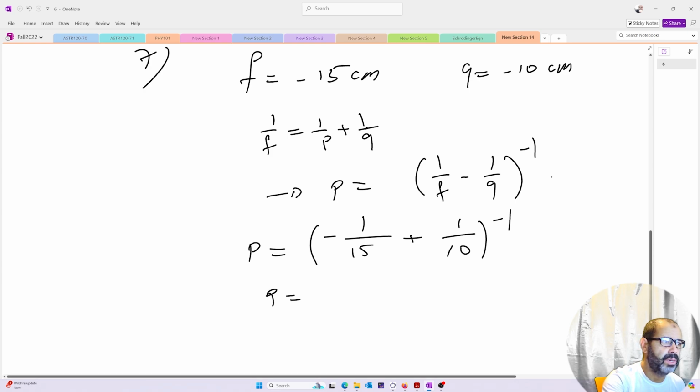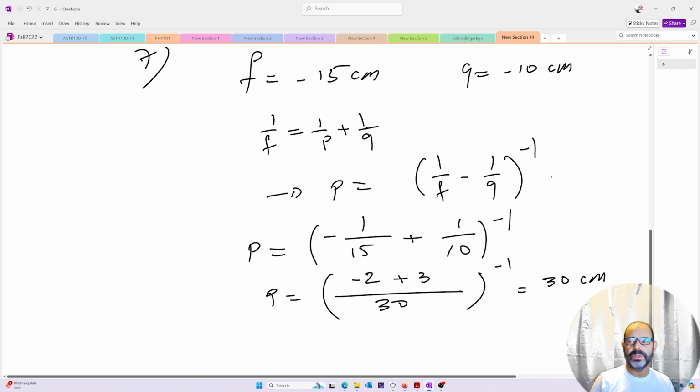The common denominator is 30, and I have to multiply by 2 here and by 3 here. Negative 2 plus 3 is 1, inverted, so it's going to be 30 over 1 centimeters, or 30 centimeters. So that's where you need to place the object.